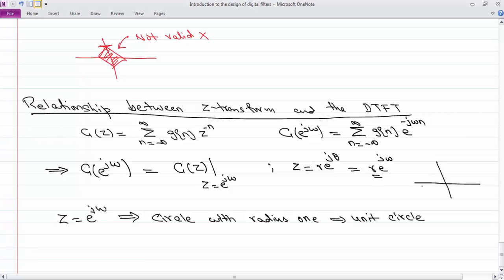So the Fourier transform is the Z transform evaluated on this unit circle, where the distance is 1.